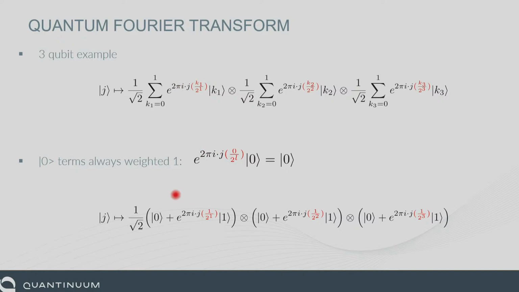So all the terms on the 0 vanish, and you just get these terms on the 1. And this is a product state in quantum information. There's been a lot of work suggesting or proving that the quantum Fourier transform is classically simulatable, which is well known, because it doesn't generate strongly entangled states.